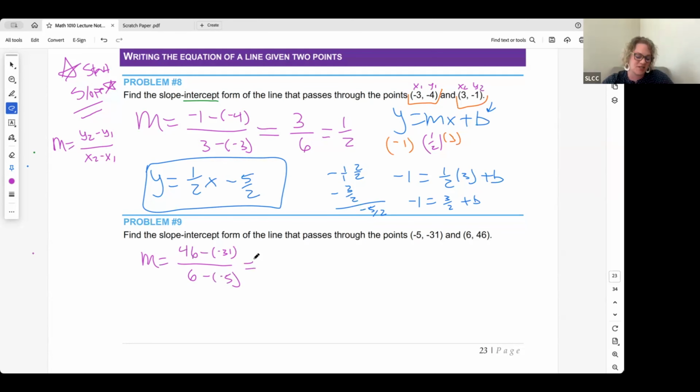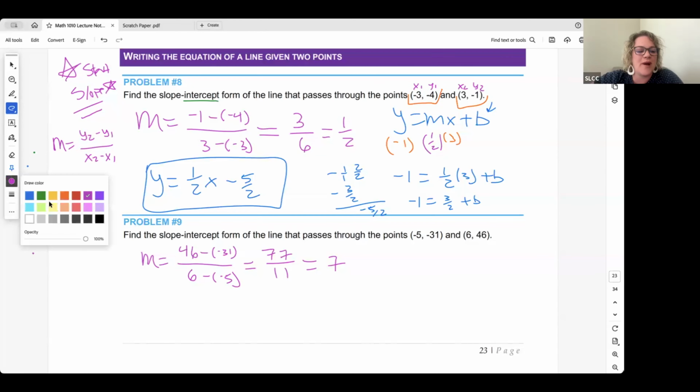Remember, minus a negative just means plus. So 46 plus 31 is 77. And 6 minus a -5 is 6 plus 5, which is 11. So the slope is 7.